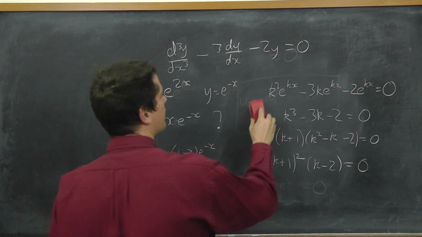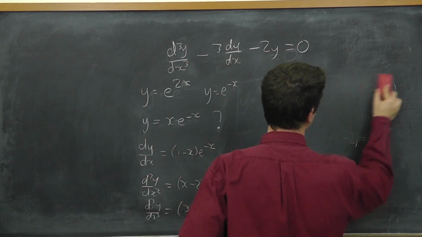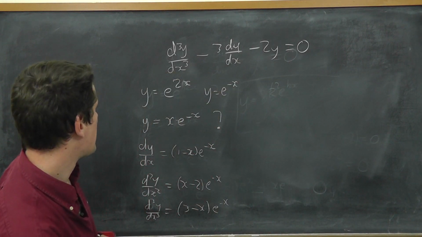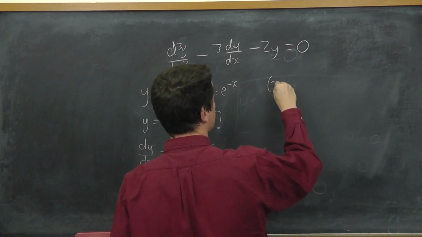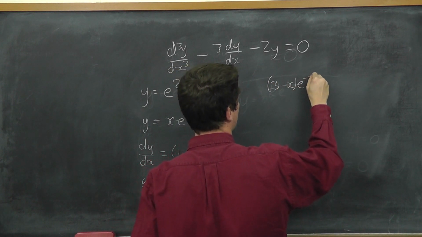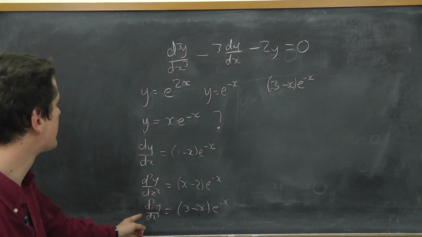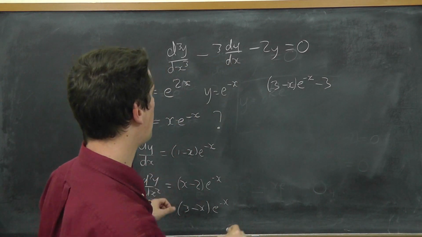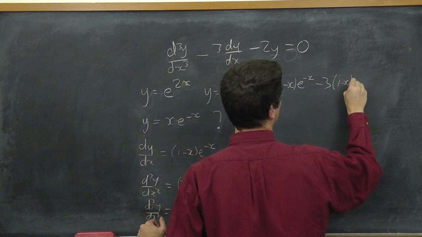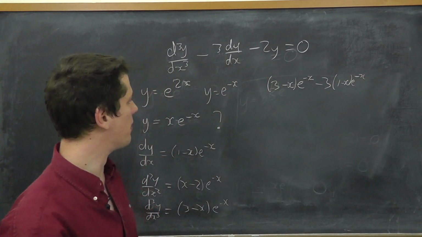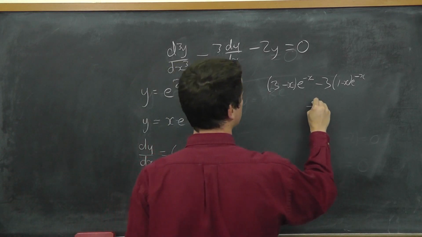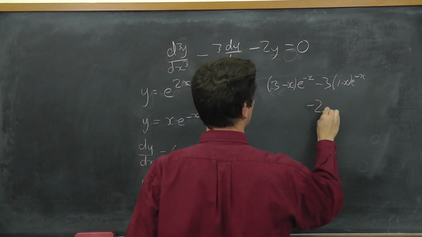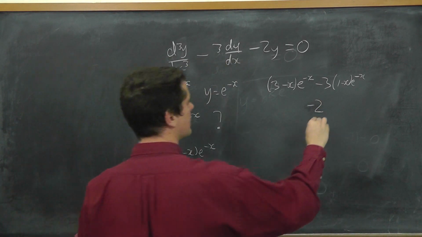Okay, let's put all those together and check that it works. So, 3 minus x, times e to the minus x, is d cubed y by dx cubed. Minus 3 times 1 minus x, times e to the minus x, which is minus 3 dy by dx, plus minus 2y, and y was x e to the minus x.